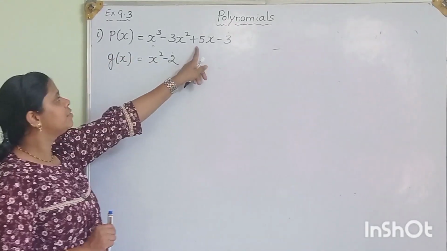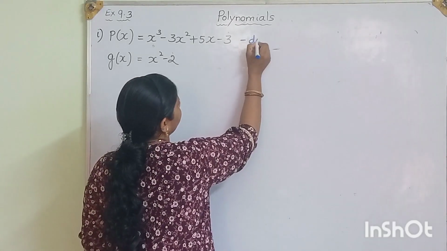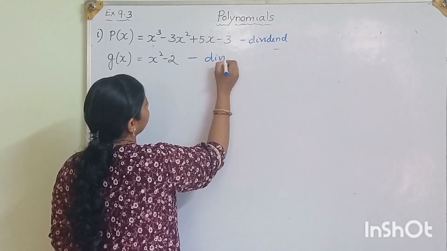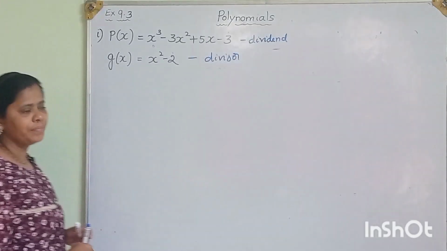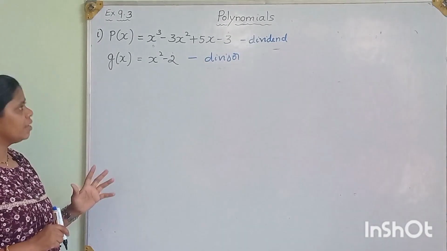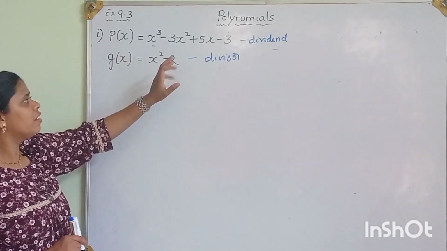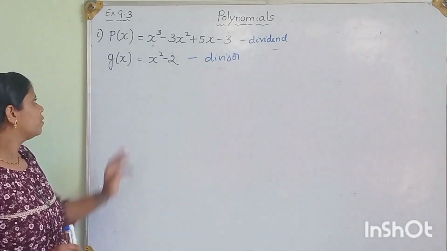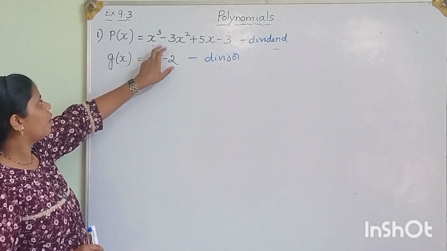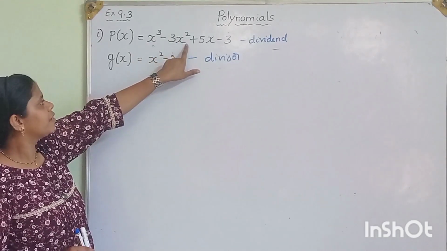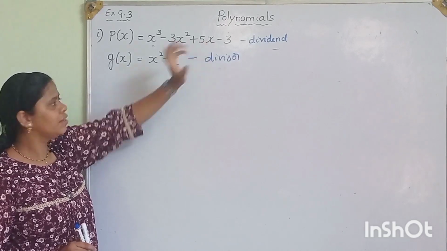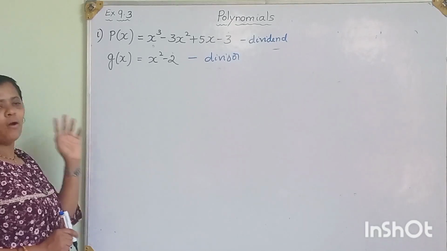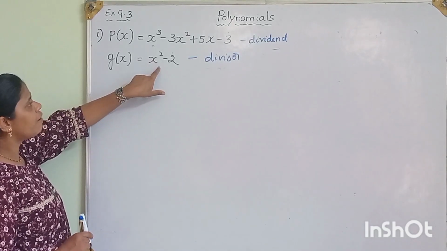And we know that this is our dividend and this is our divisor. First step is we have to check whether both dividend and divisor are in order or not. Check this. X cube. Afterwards we have x square, then x. Means the degree of the variable is correct. Now let us check the divisor.